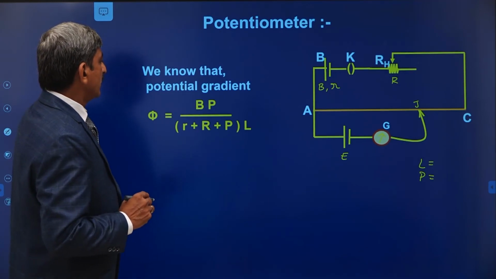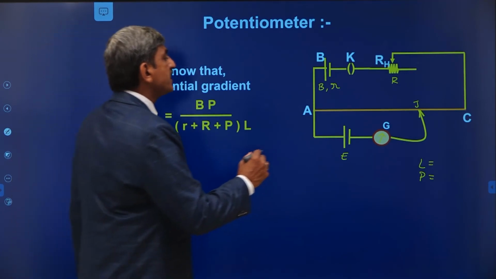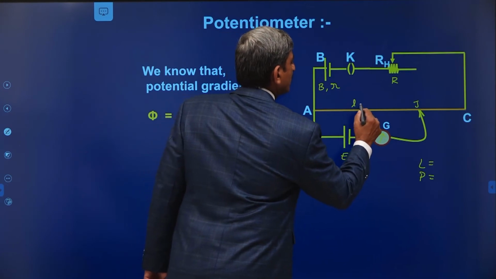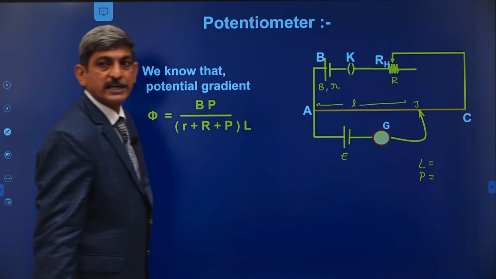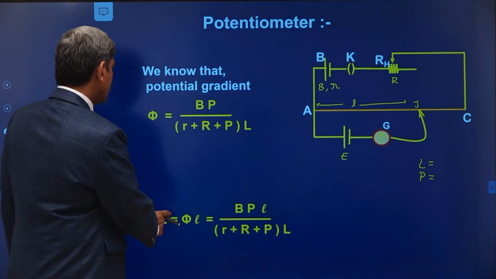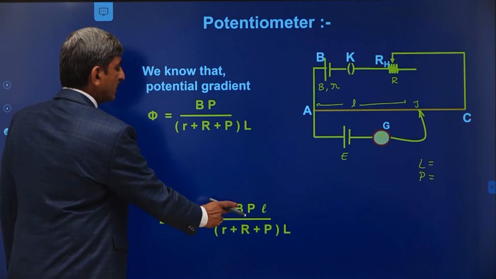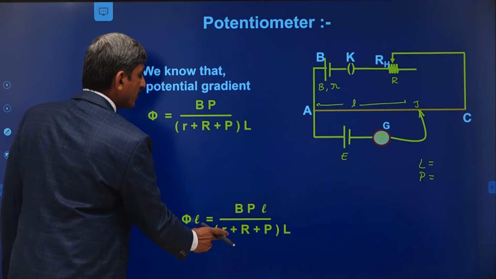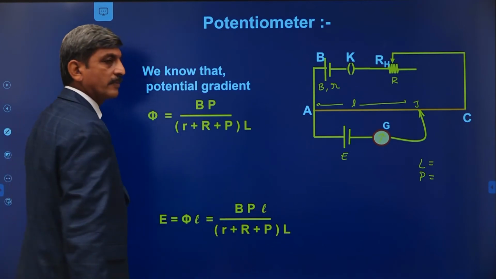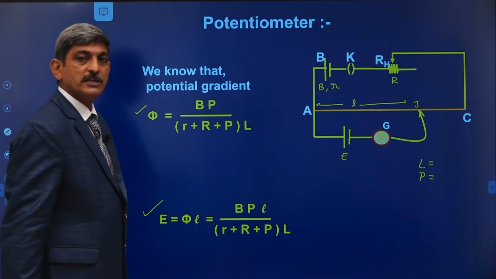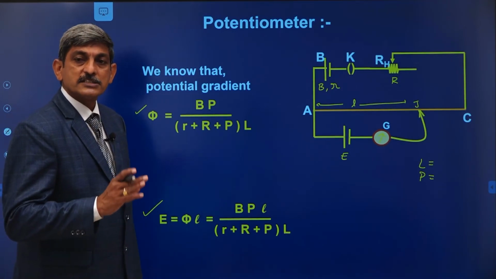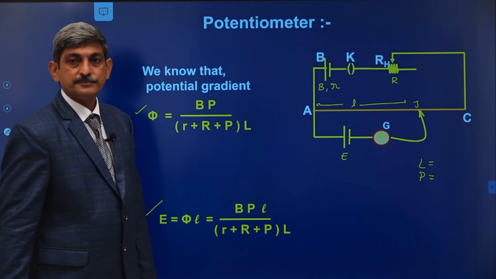And also, if the bridge is balanced for a length of L, then the EMF of the battery connected in the secondary circuit is given by E is equal to phi L, that is equal to BpL divided by (R plus P) of L. This is for the calculation of the unknown EMF connected in the secondary circuit of the potentiometer.